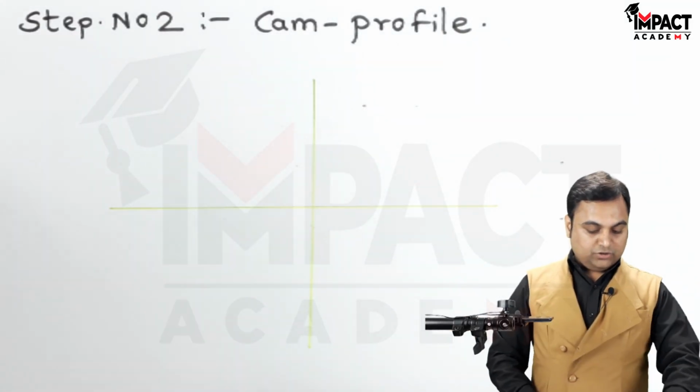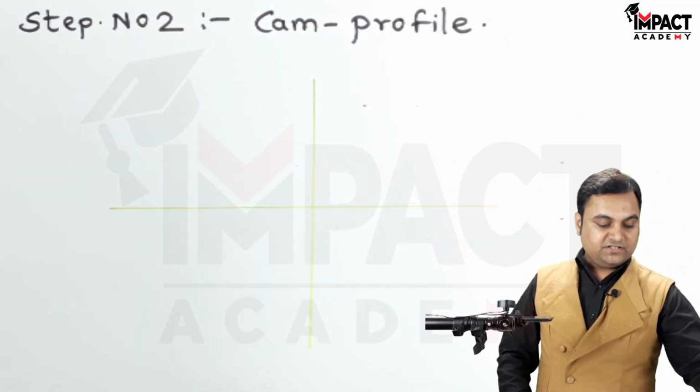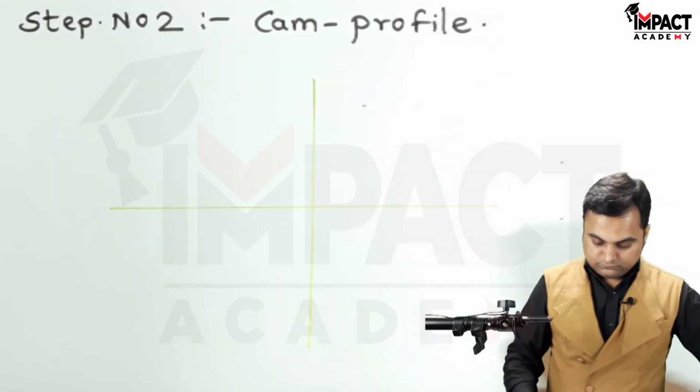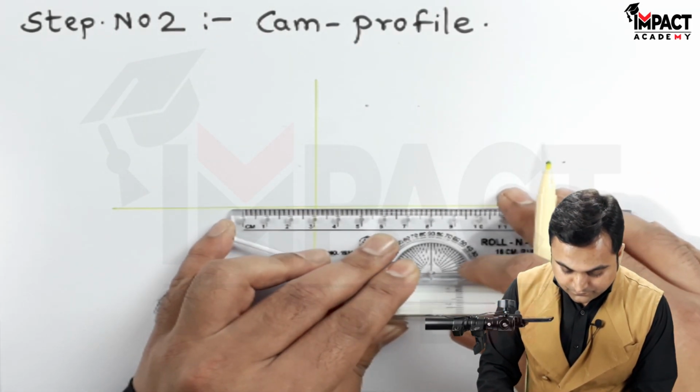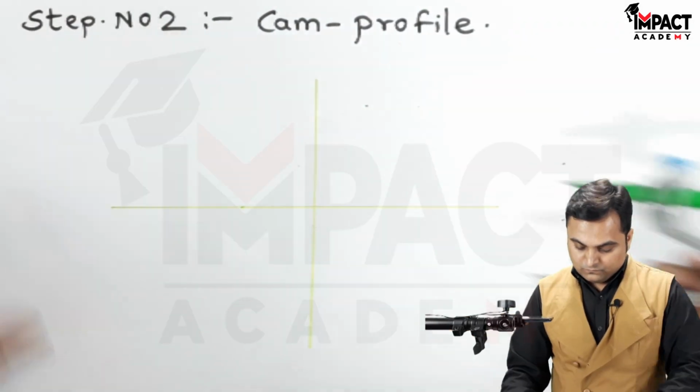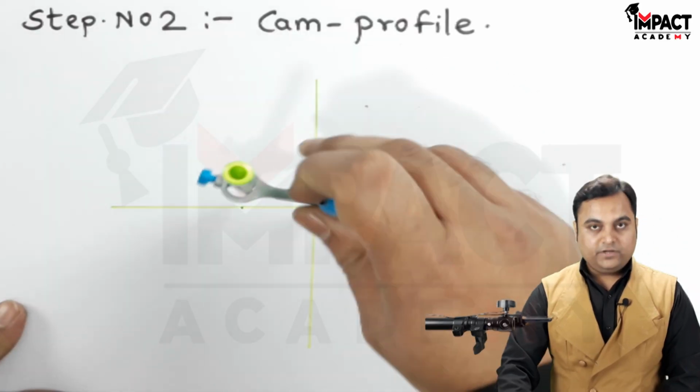After that, I'll draw the base circle whose radius is given in the problem as 30 mm from the center, keeping the radius as 30, drawing a light circle.